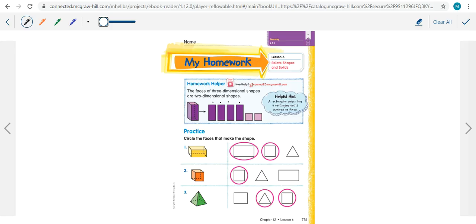Number 1 is a rectangular prism, so you're going to circle the rectangle and the square. Number 2, it's a cube, and a cube is only made by squares. Number 3, it's a pyramid, and a pyramid is made by triangle and square.